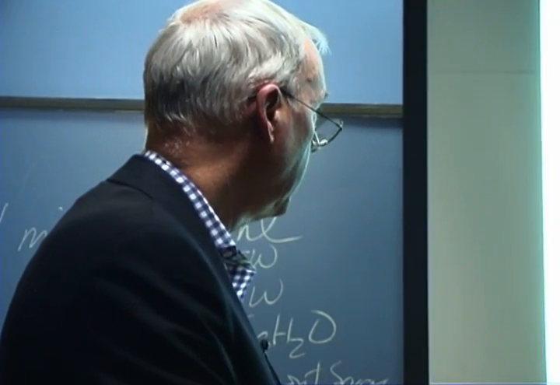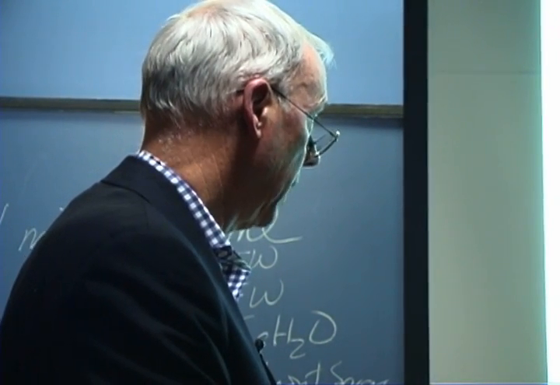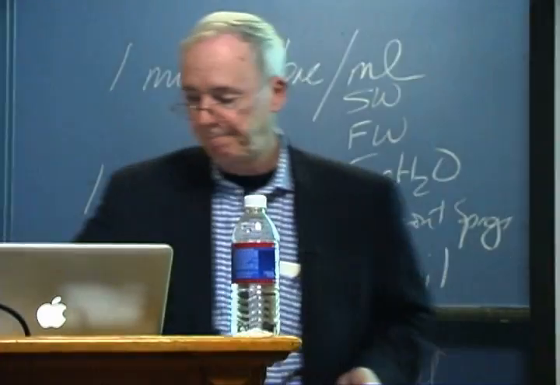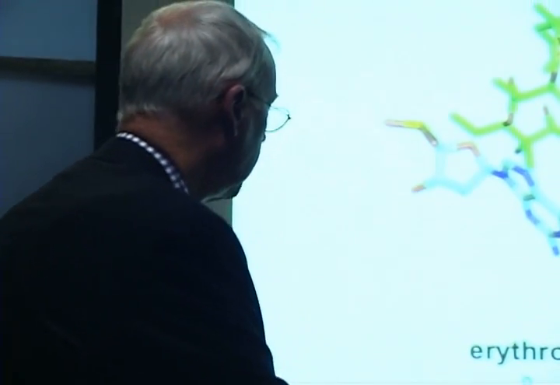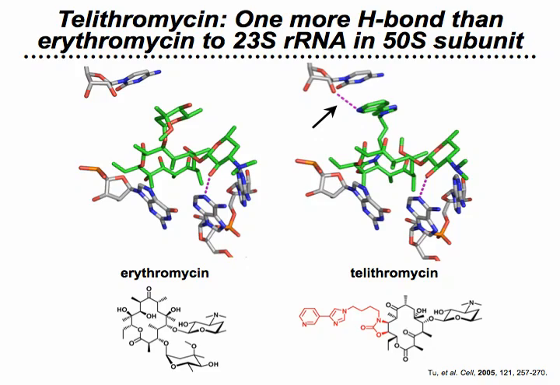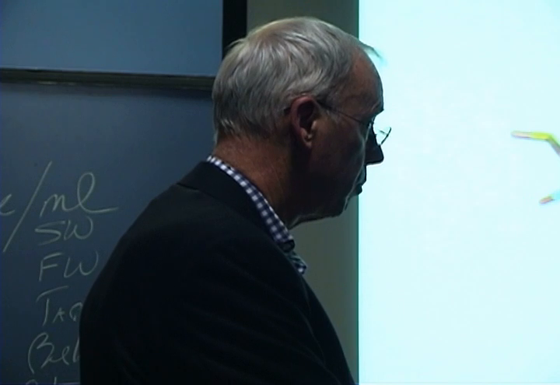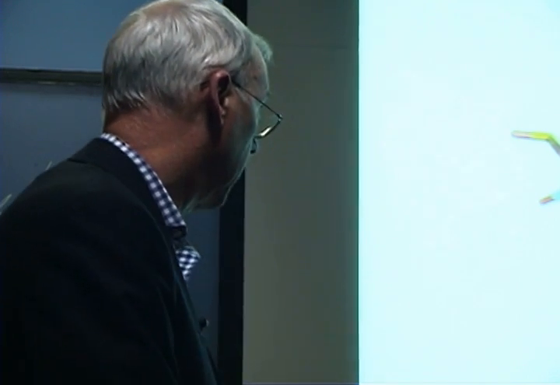I'll just offer one comment about leads from structural biology, and that's to go back to the erythromycin case. So here's the first generation natural product, erythromycin, and here's that third generation, Ketek trade name, just approved 4 years ago in the US.